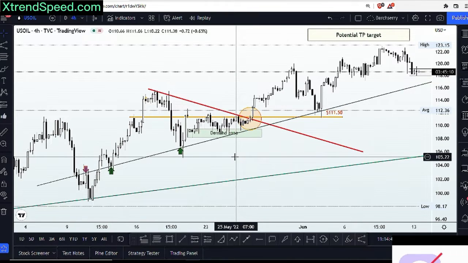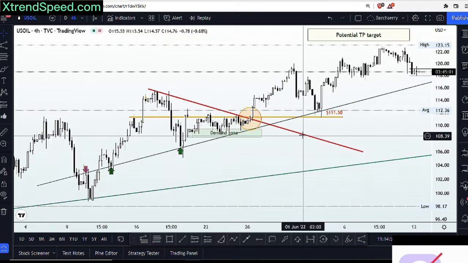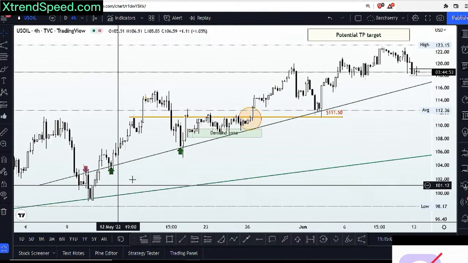So the first thing we want to be doing here is to identify the major trend on a higher time frame, which we are actually looking at. We are looking at the 4 hours time frame, and we can see how price has been respecting the temporary bullish trend line since the beginning of May of this year.